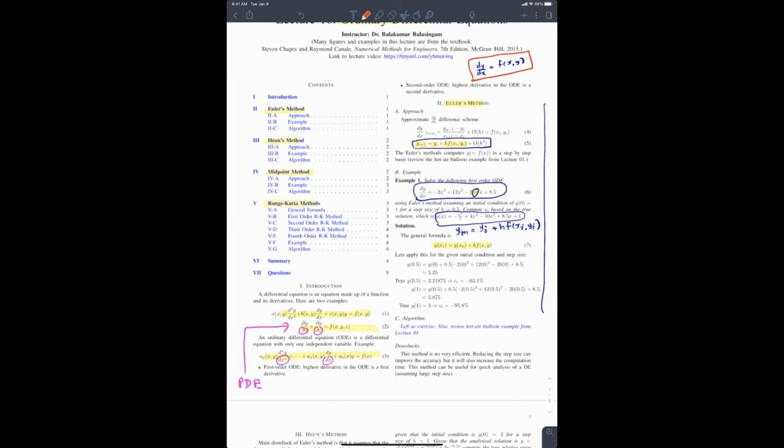We will see that as you go down the list, it is better and better in terms of accuracy. So these are different approaches to solve differential equations with higher and higher accuracy. Obviously, the Euler's method that we studied in lecture 1 is a very basic approach, and we will see in this lecture that the only way to improve accuracy in Euler's method is to decrease the sample size, the h.